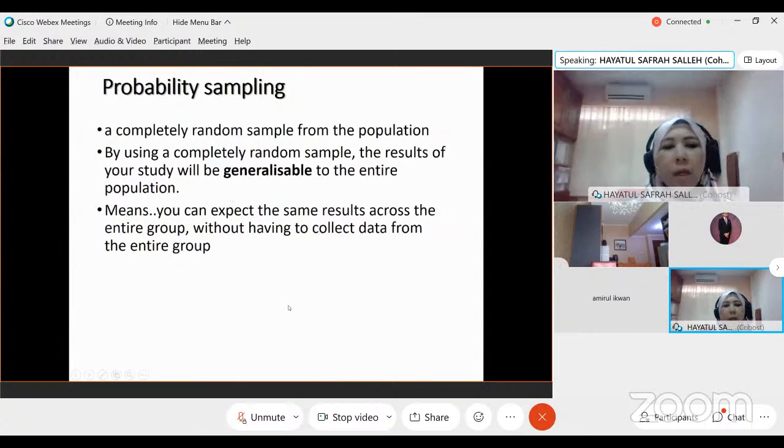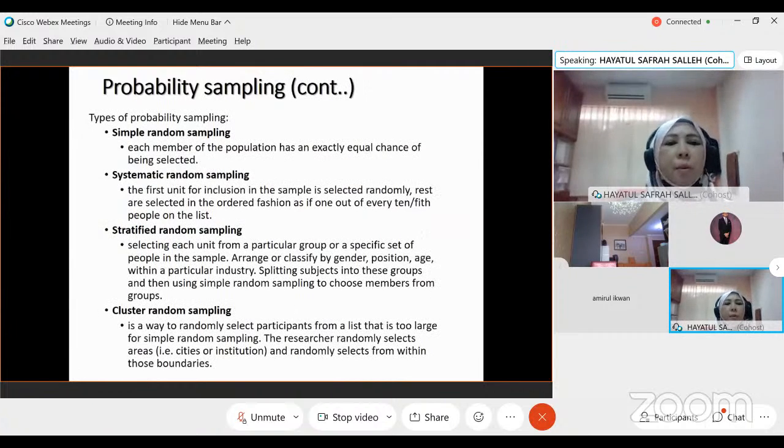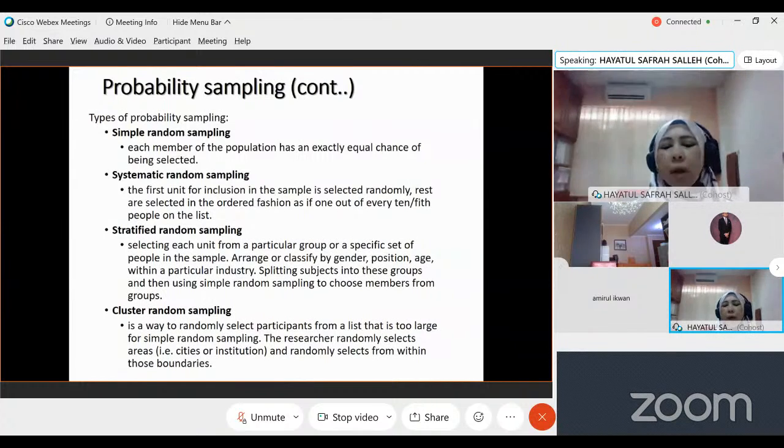So we will look into the types of probability sampling that you can choose for your study. These are the four types of probability sampling commonly used in most studies. There are other probability sampling types that you can Google, or read from a statistics book and so forth.